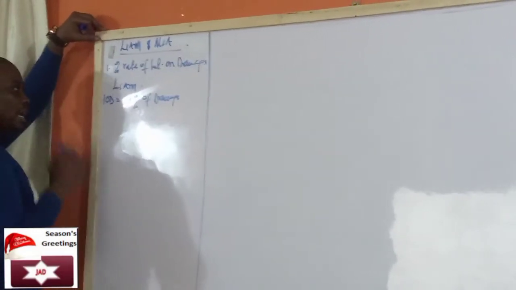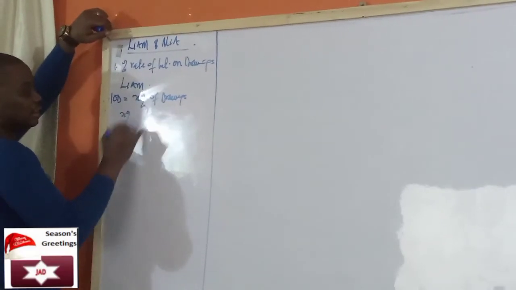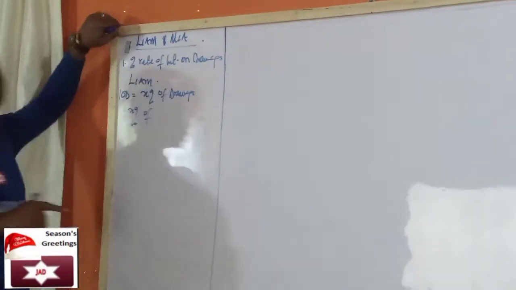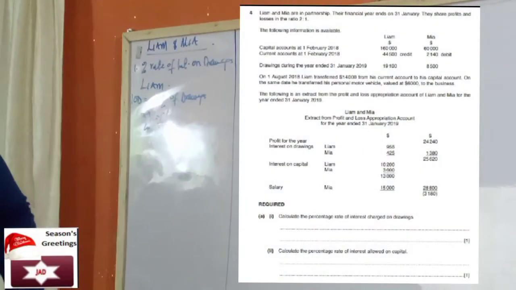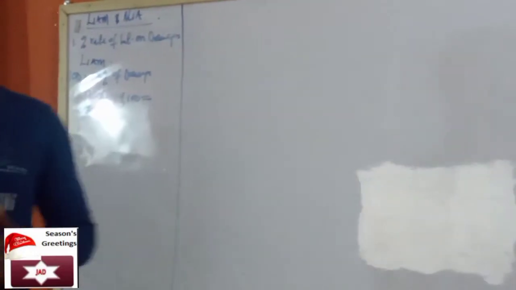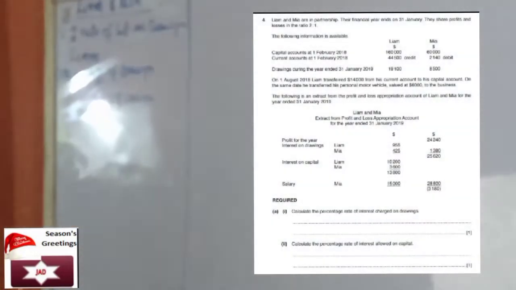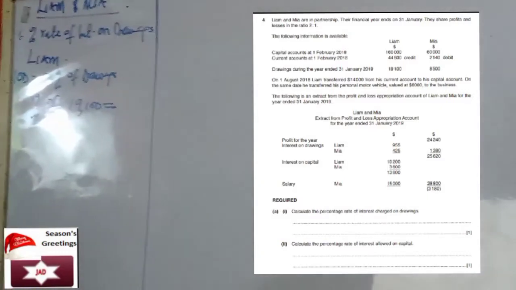The drawings made by Liam is 19,100. So X% of 19,100 is equal to what was charged in the profit and loss appropriation account for Liam, which is 955.